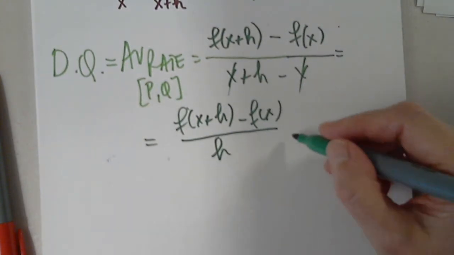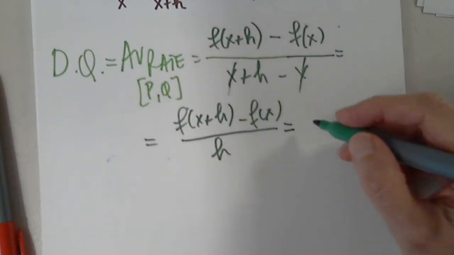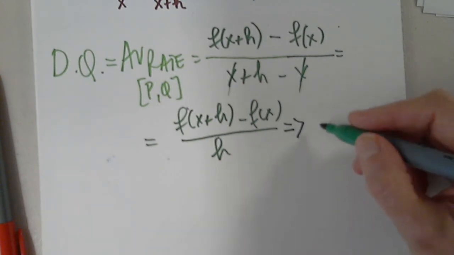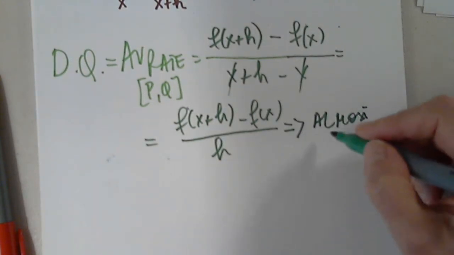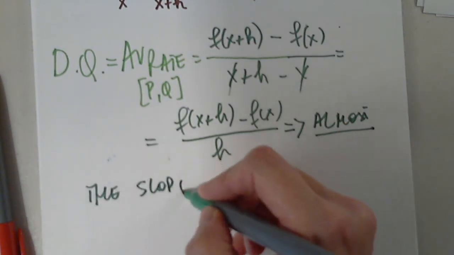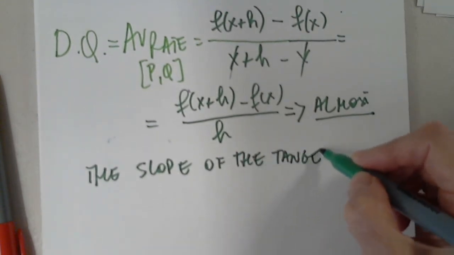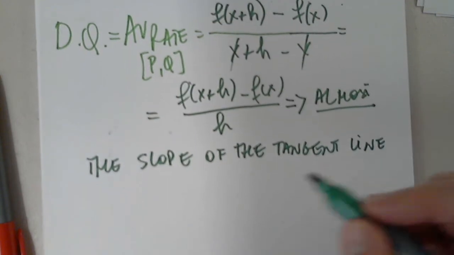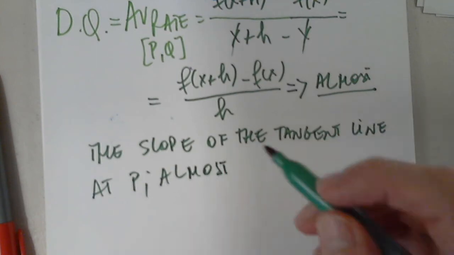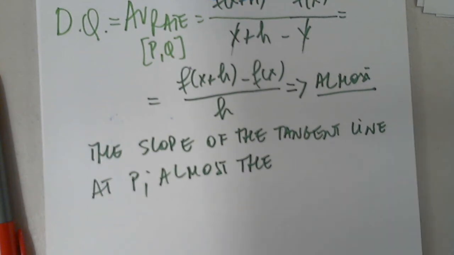What does it represent? Not only the average rate of change between P and Q, but since P and Q are close to each other, this will represent almost the slope of the tangent line at P, also almost the instantaneous rate of change of the function at P. Almost.